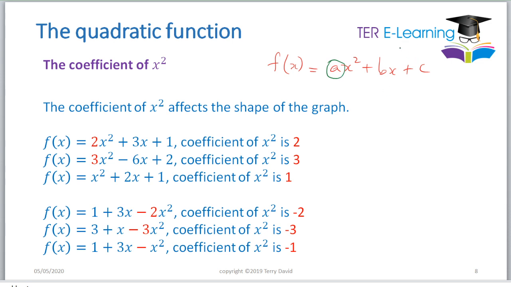Now, let's talk a little bit about coefficients. Let's look at this first one here. I have a function f of x, given by 2x squared plus 3x plus 1. The coefficient of x squared, which means the number in front of x squared, is equal to 2.